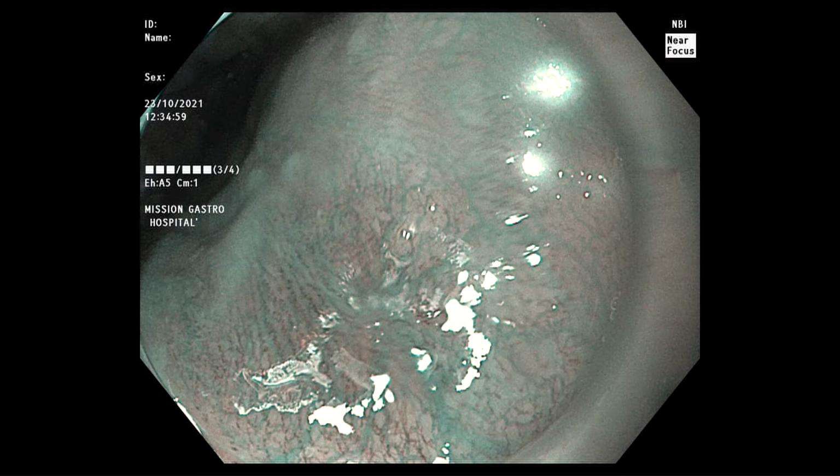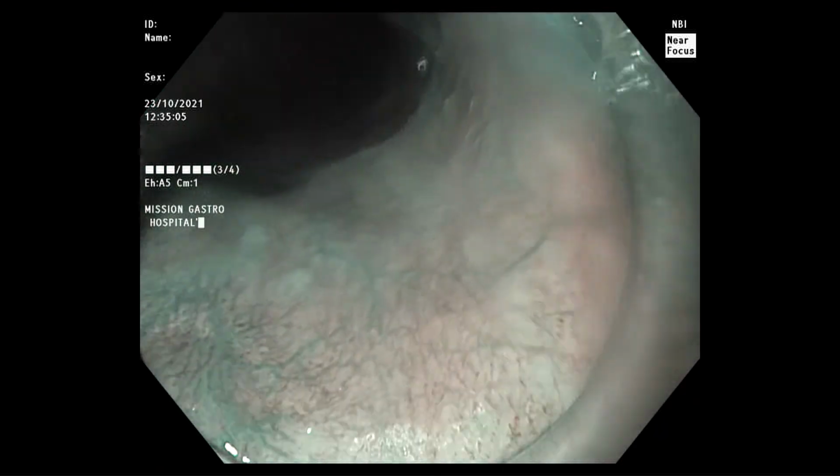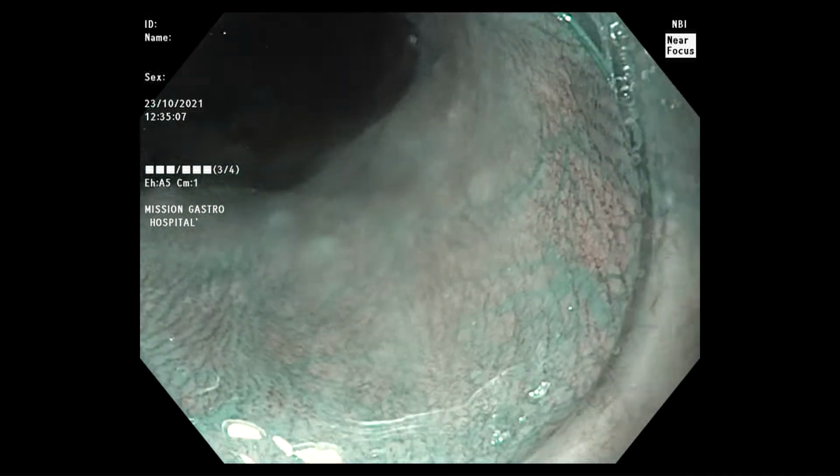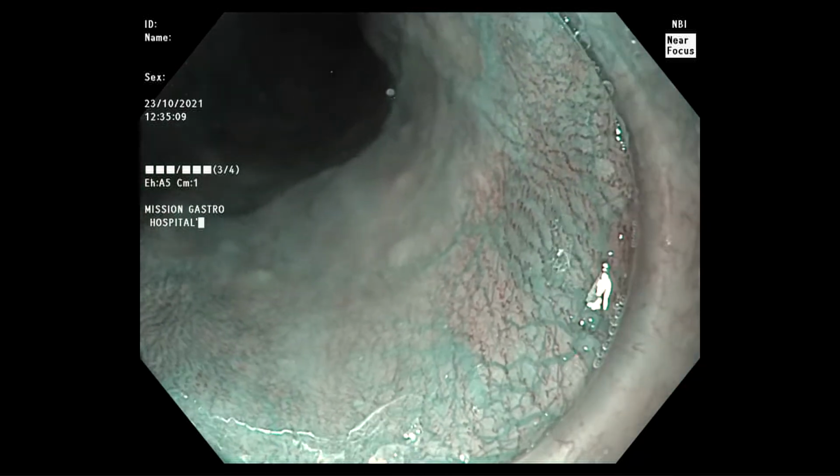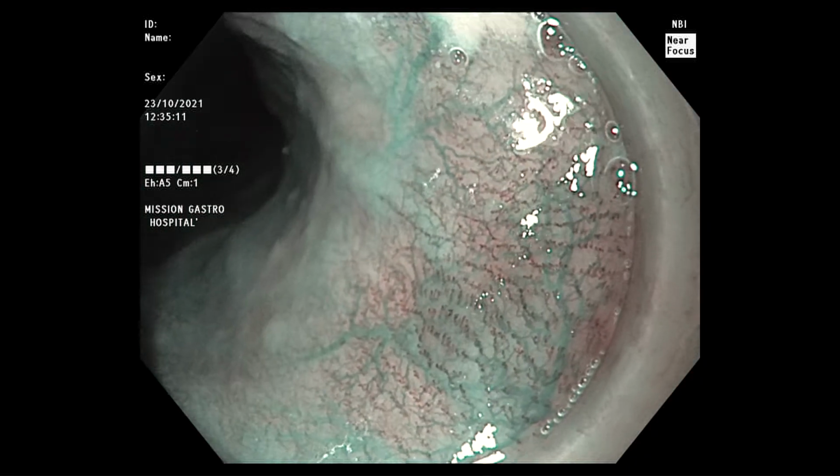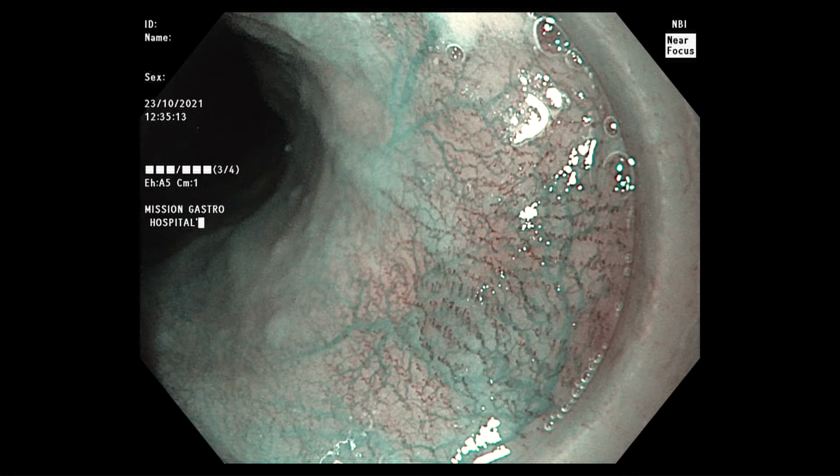Just suck a little as you're doing. More than one area. The one on this side also? This side also. Let me have a look.